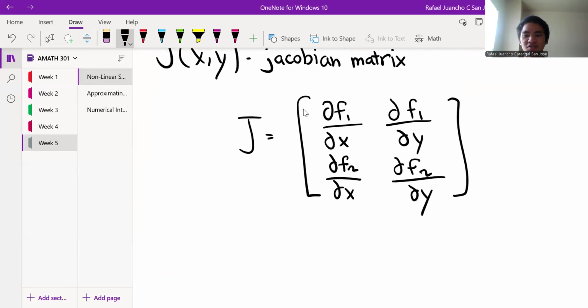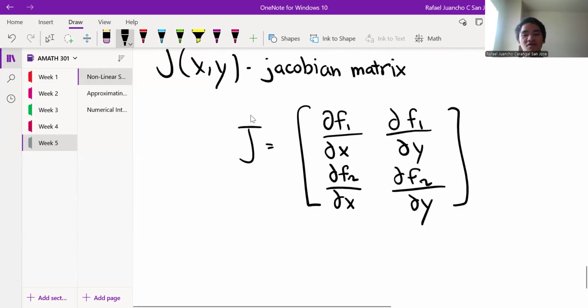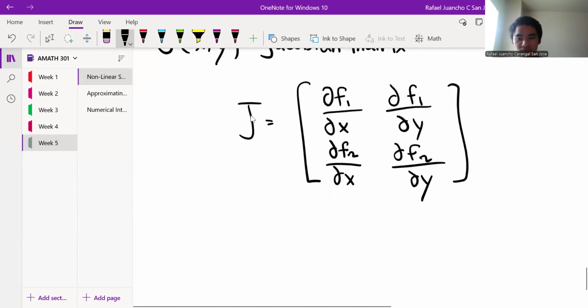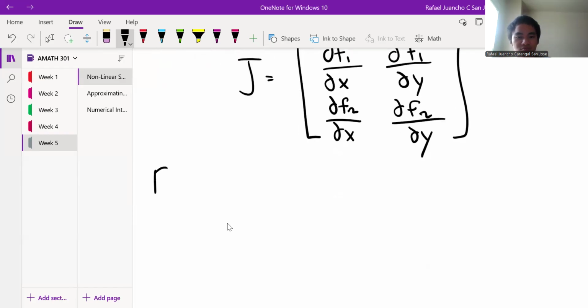And so my Jacobian matrix tells us we're taking partial derivatives with respect to x and with respect to y of both functions. Okay. And so let's go through an exercise here. What I'm going to do is find the intersection of curves, right?